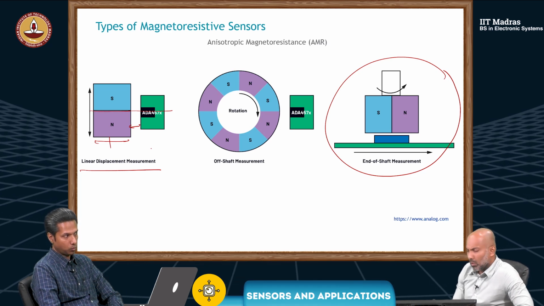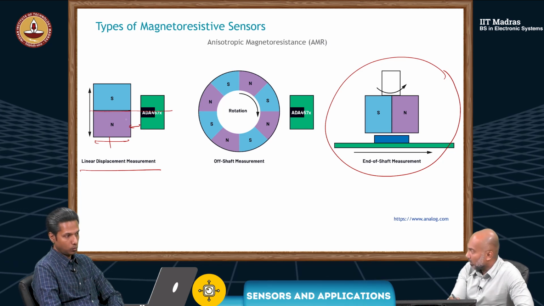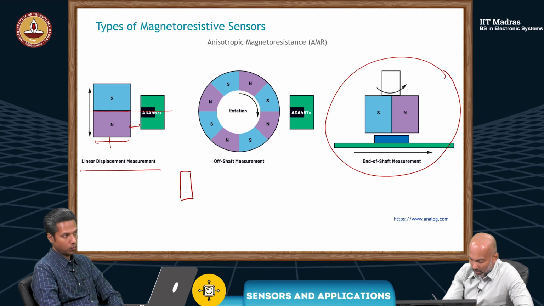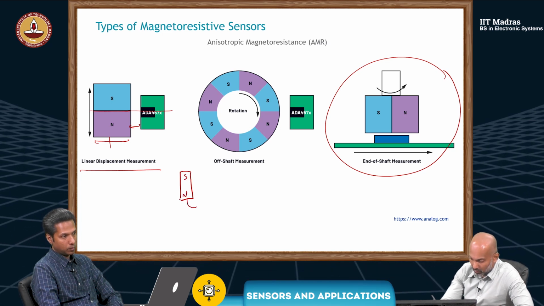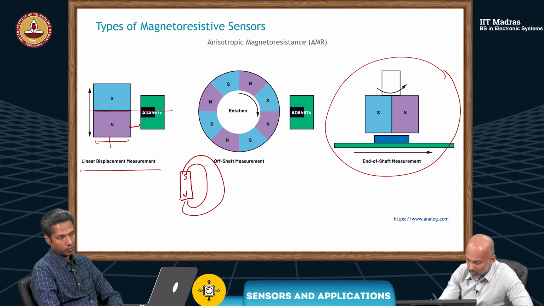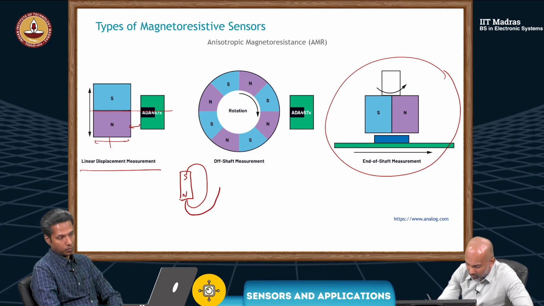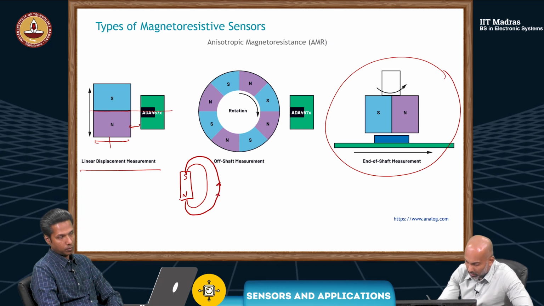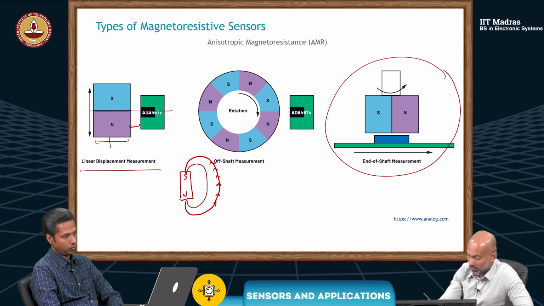From what I can gather, how this works is, let's say you have something like this. Now, if you have these fields, that is a very bad picture. If you have this field, now this field direction is changing, correct?